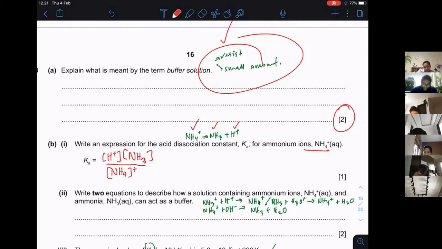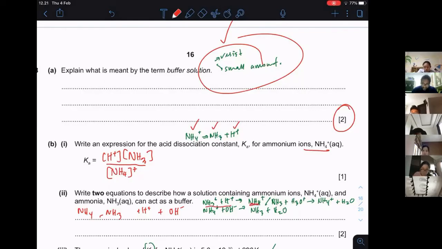Now write 2 equations to describe how a solution containing ammonium ions and ammonia can act as a buffer. So basically, if you have this ammonium ion and NH3, if I add H plus, or if I add OH minus, what will happen? If I simply add H plus, the ammonia will react with the H plus to give you NH4.